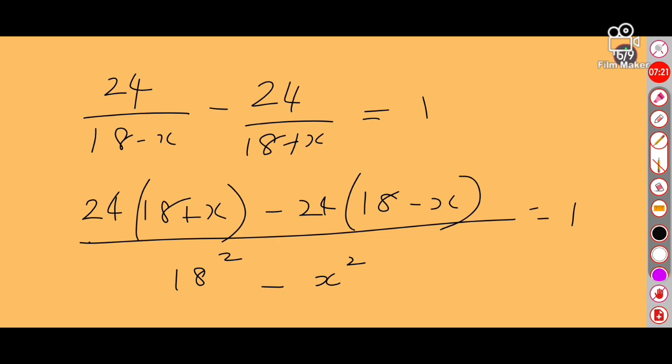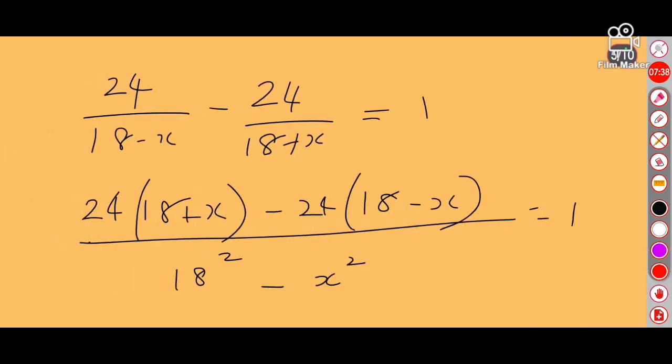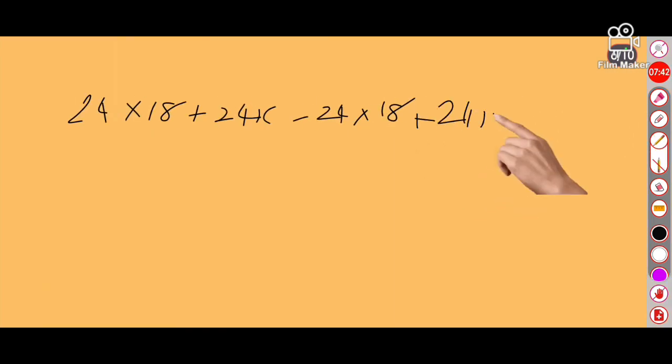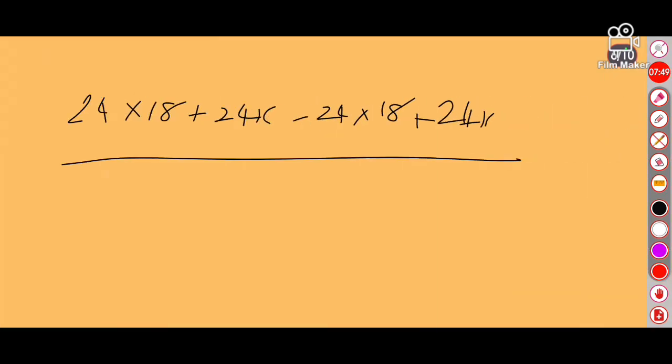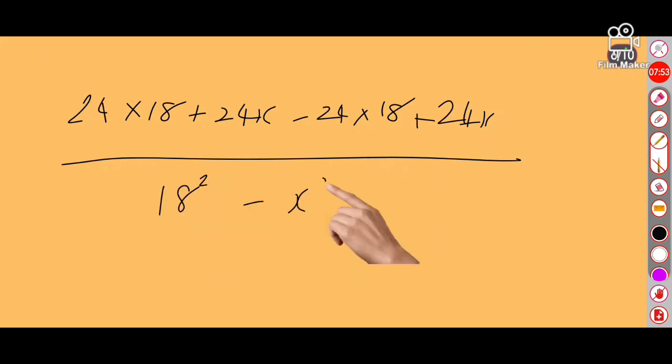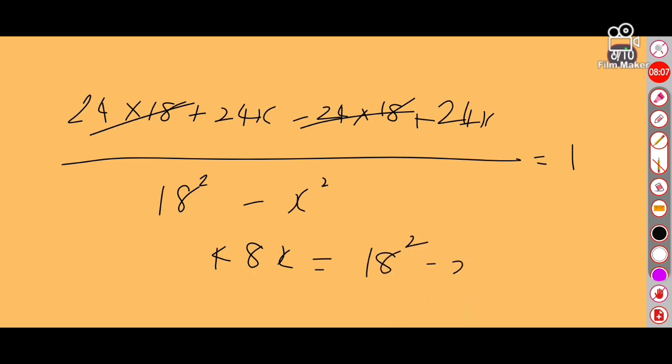So 24 into 18 plus 24x minus 24 into 18 plus 24x, the whole by 18 square minus x square equals 1. 24 into 18 and 24 into 18 get cancelled. 24x plus 24x, you get 48x, equal to 18 square minus x square. I'm just multiplying this.